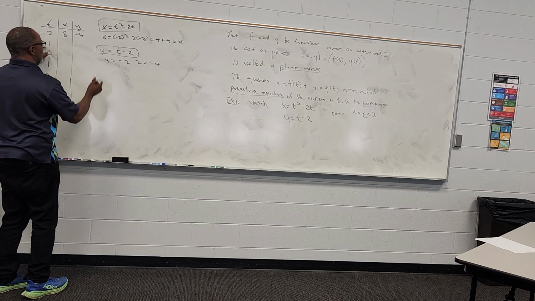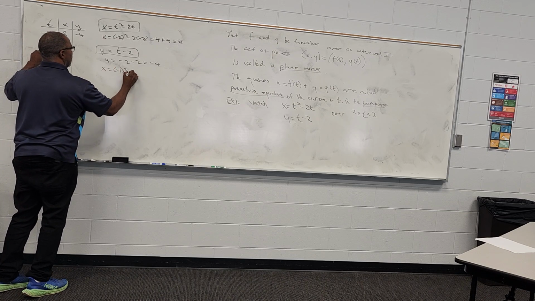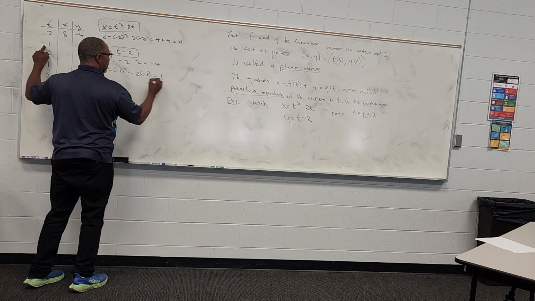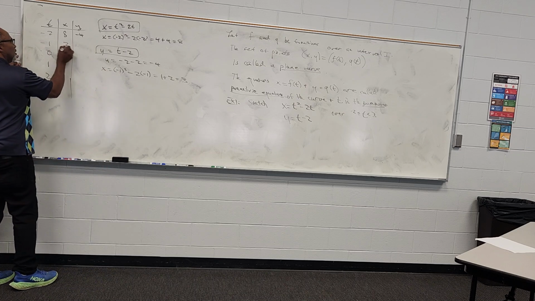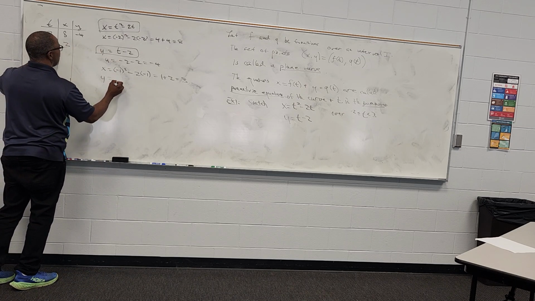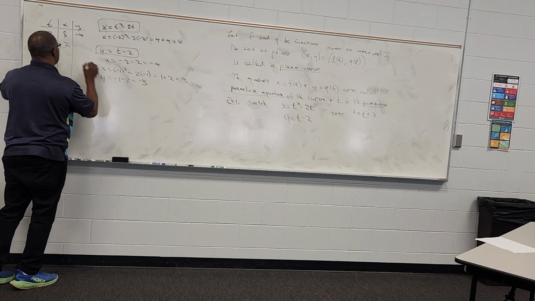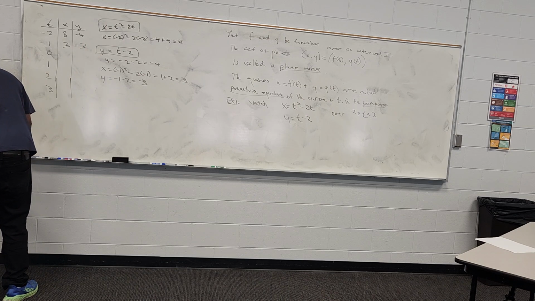Let's do one more. When t is negative 1, I'll have negative 1 squared minus 2 times negative 1. Negative 1 squared is 1. Negative times a negative makes plus 2. That's 3. For y, put a negative 1 everywhere you have a t: negative 1 minus 2, that's negative 3. Keep this process up.